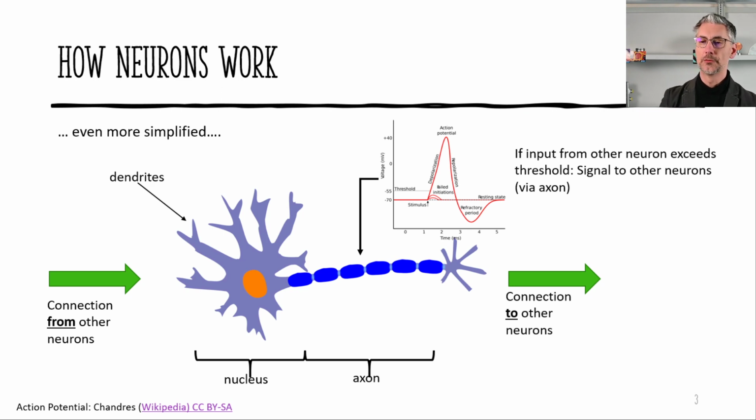So how do these neurons work? It's even more simplified really. So we have our neuron and the dendrites are the connections to other neurons. This is like the input. Then we have a sort of axon, this long object to the right that also ends in dendrites, and this is like the output and the connection of this neuron to all the other ones.